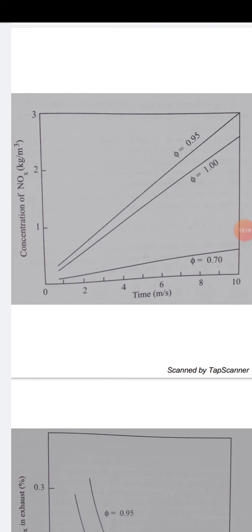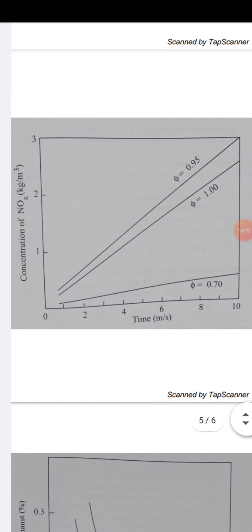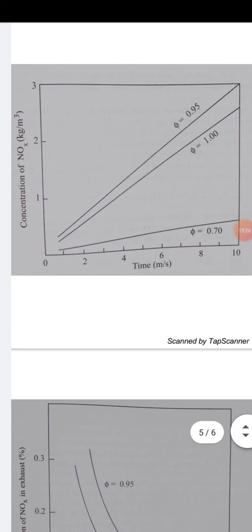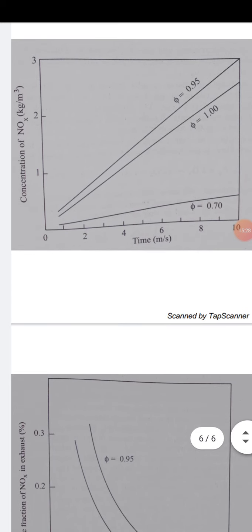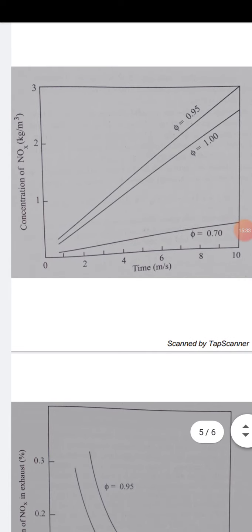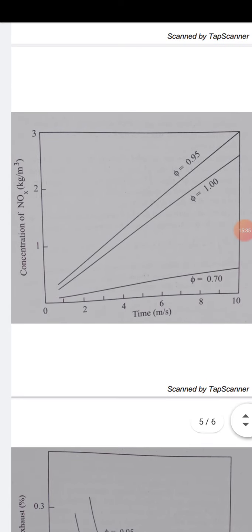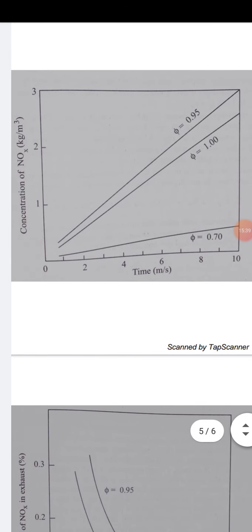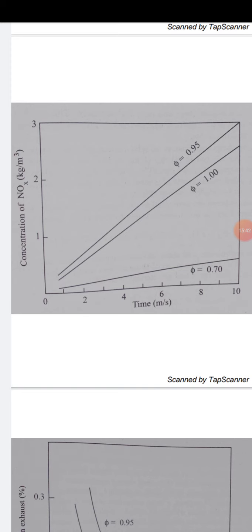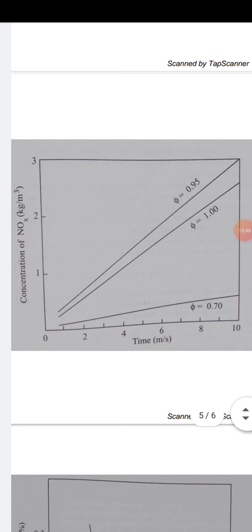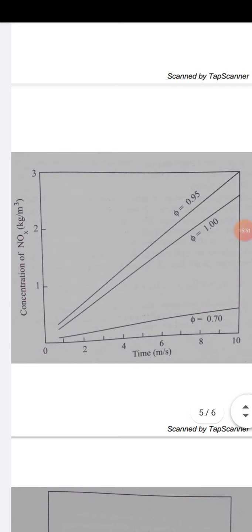And it supports the fact that NOx is reduced in modern engines with fast burn combustion chambers. So if we design the combustion chamber or the combustion process in such a way that combustion is very fast, that means the NOx formation is also decreased.